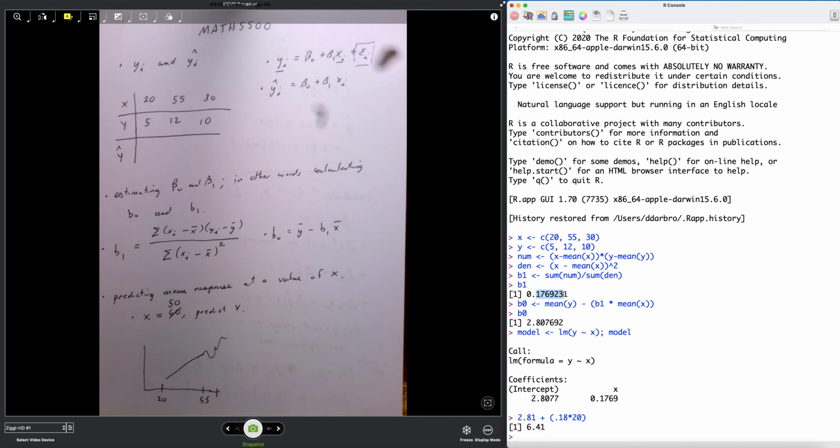You can see here that the estimate is 0.177. Now, to calculate beta 0, again right here, the mean of the y's minus b1 times the mean of the x's. And we can see beta 0 is 2.808.